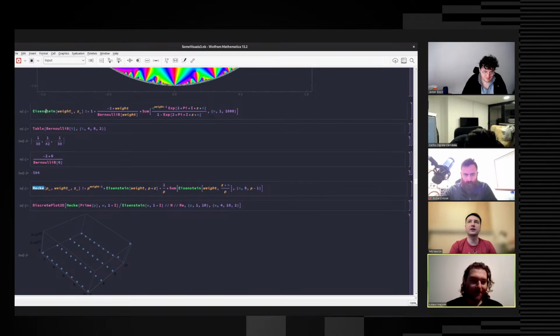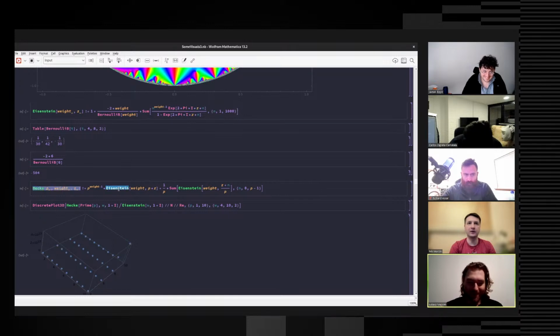A Hecke operator is something that you apply to the Eisenstein series or any other function, but Eisenstein series are supposed to be eigenfunctions for all Hecke operators. Hecke operators are indexed by prime number and also act on Eisenstein series with a given weight. Here I just hard-coded Hecke acting on Eisenstein series.